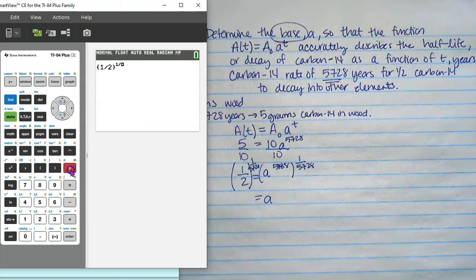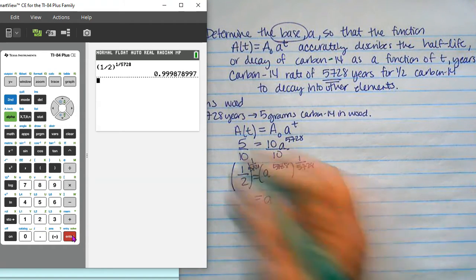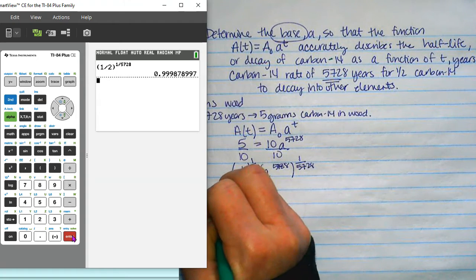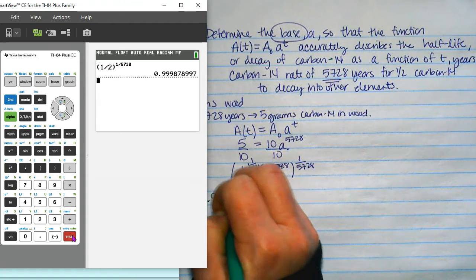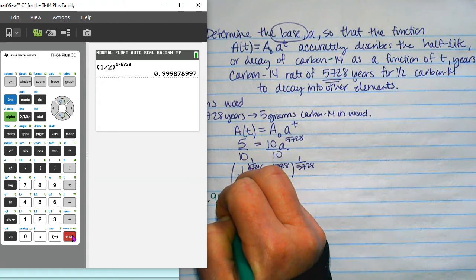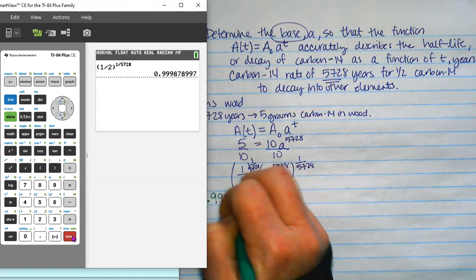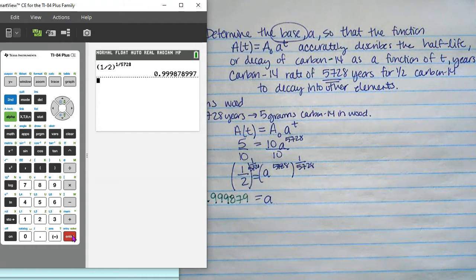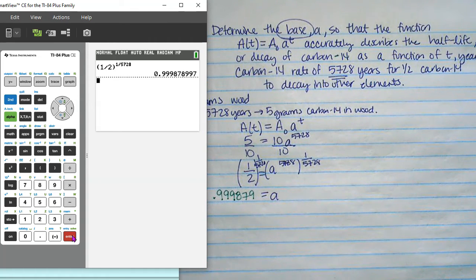So 1 divided by 5,728 as a power. And this gives me A is equal to 0.999879. I've chosen to make it 6 digits. I don't know how many digits the book would make you go to. If I need a specific number of digits, that's what I'll give to you. So what does that mean? Because that seems really arbitrary.